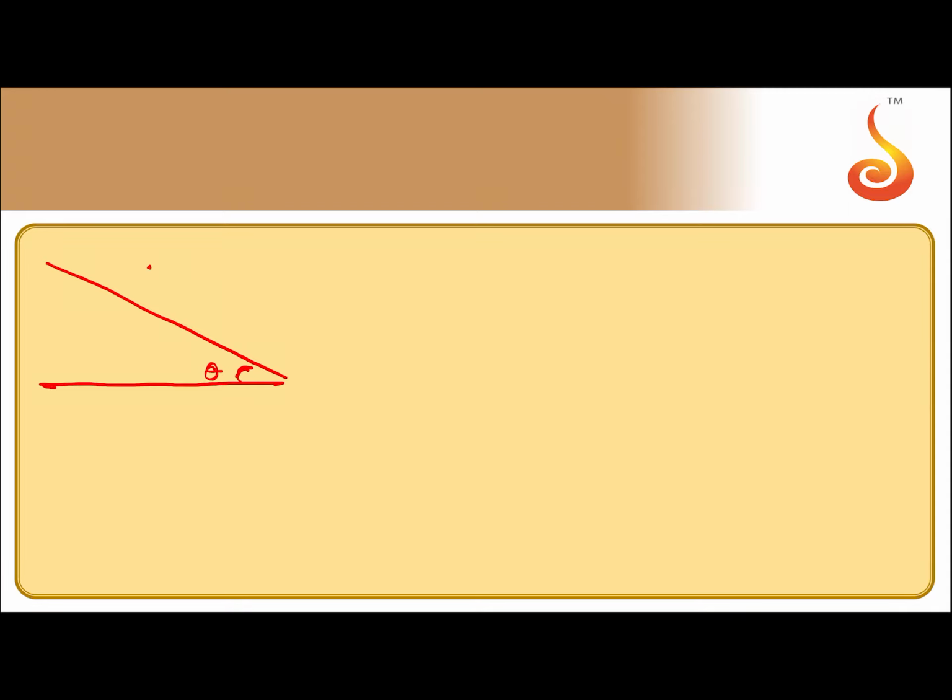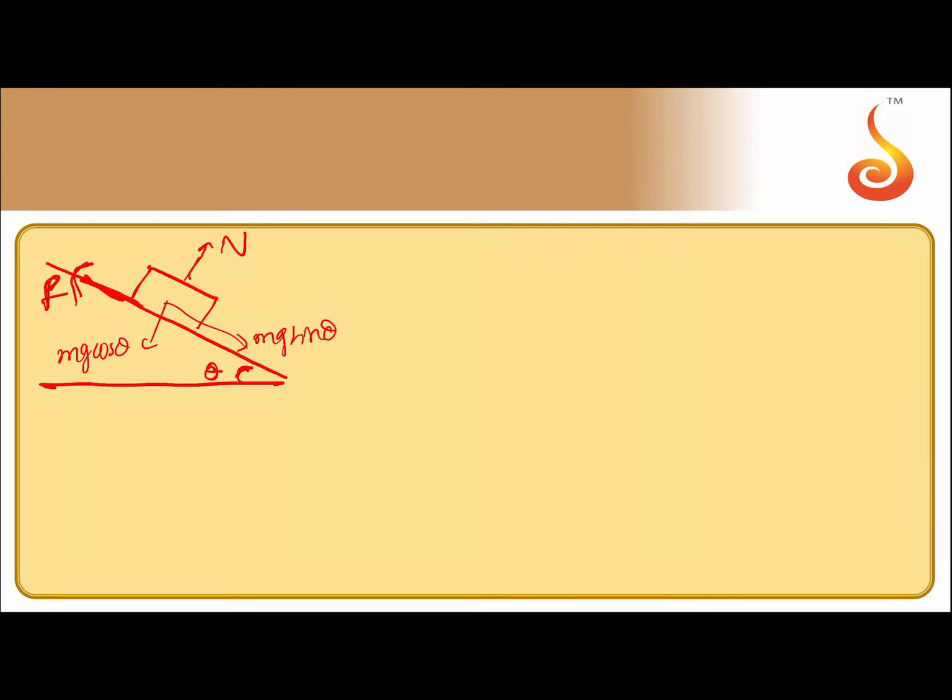Then the block is present here, and what are all the forces? This is your mg cos theta, this is mg sin theta, and normal reaction is along this direction, and it is rough, so friction is also present. This is the direction of friction.